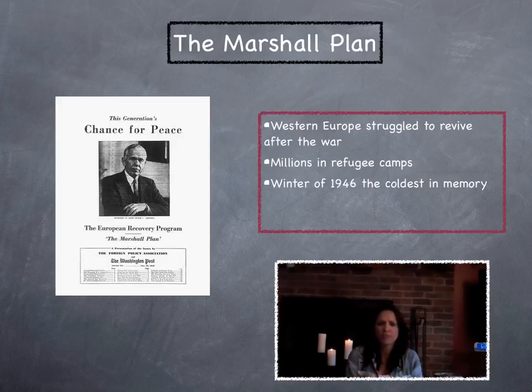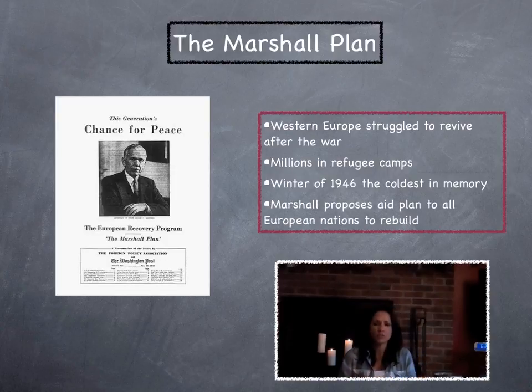And so you've got people freezing, they're dying, they're truly struggling, and they need help. And this is where George Marshall, the Secretary of State, steps in and proposes the plan that the United States should provide monetary aid to any European country that needed it.